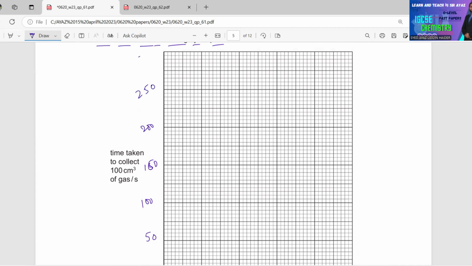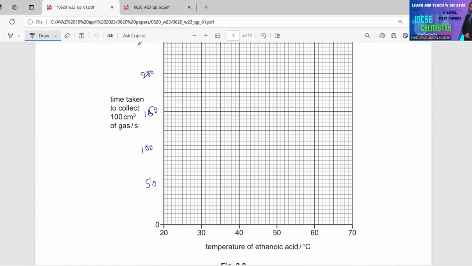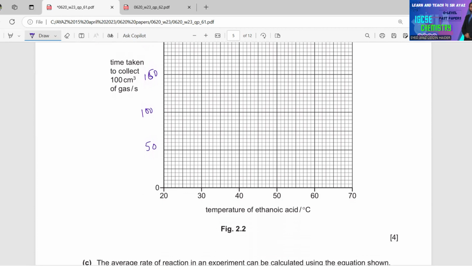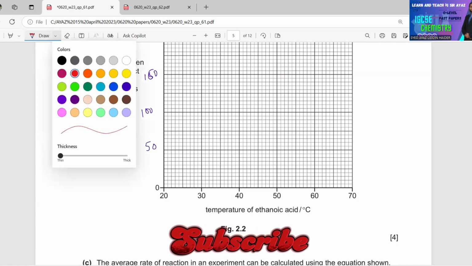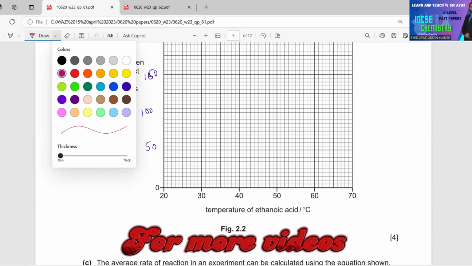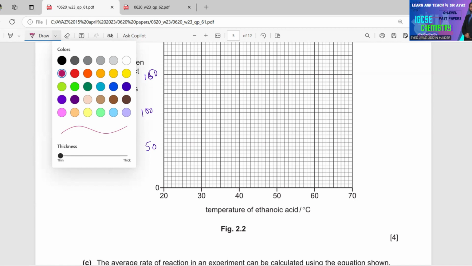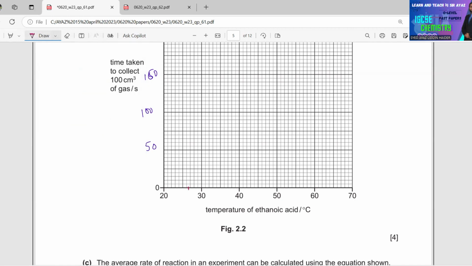And at the top, you are having 300 seconds. This will help us. Okay, the first reading, the rise in temperature is 26.5. So if you count, you'll have 26.5 here. 1, 2, 3, 4, 5, 26.5. It must be here. And the time, it's 282.